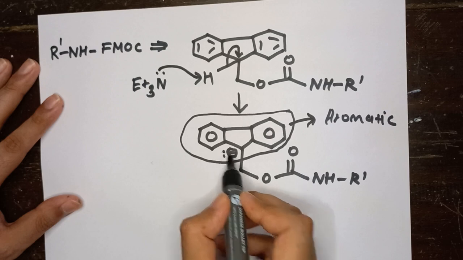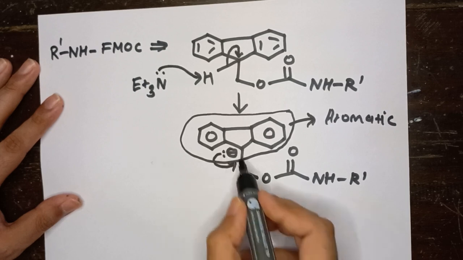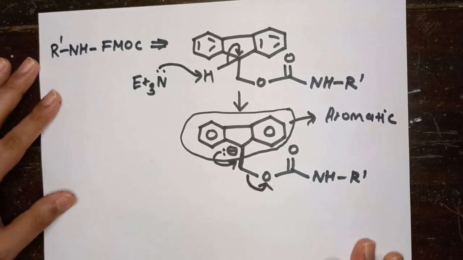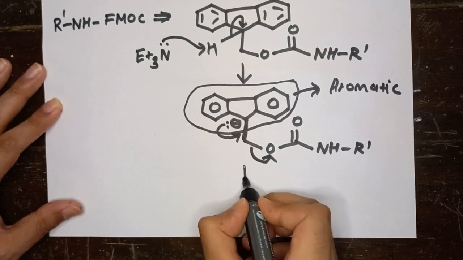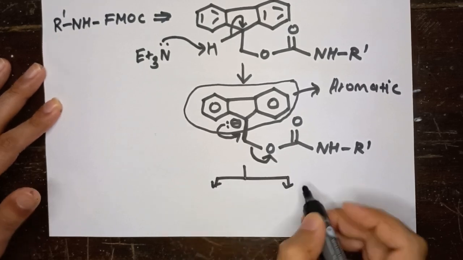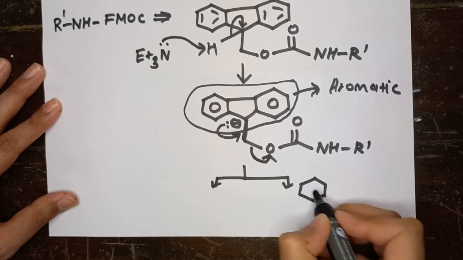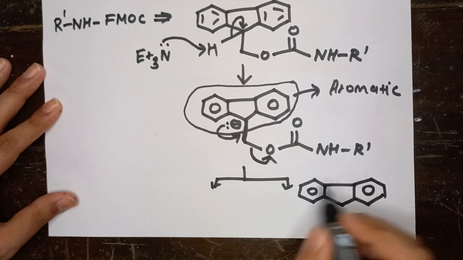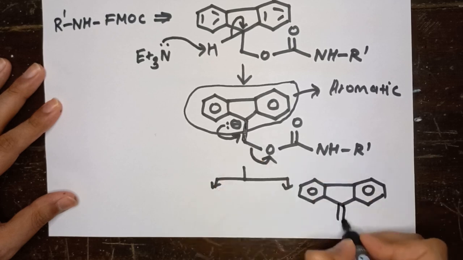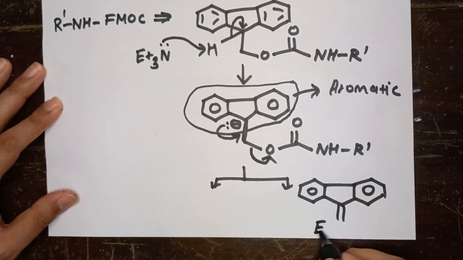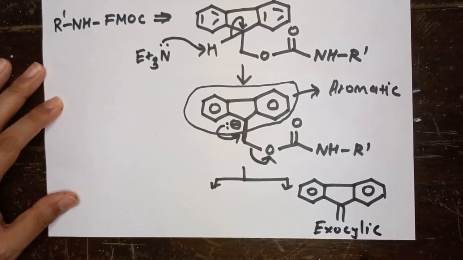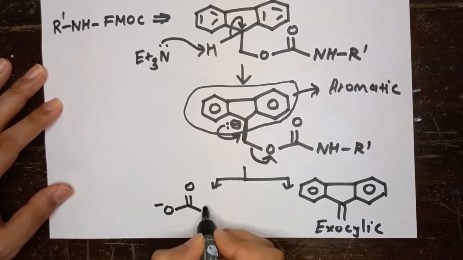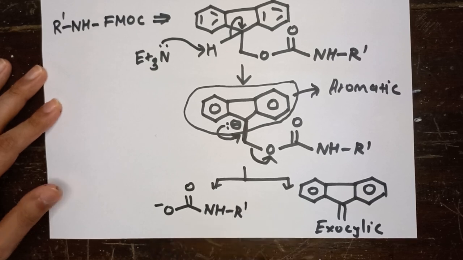Now this lone pair will form a double bond at this position, and this bond is going to cleave. So we have generated a double bond here, an exocyclic system, and we have also generated this group.